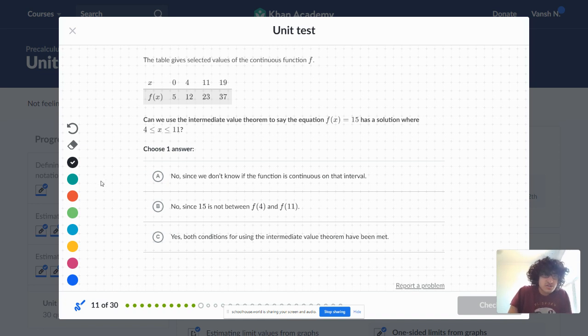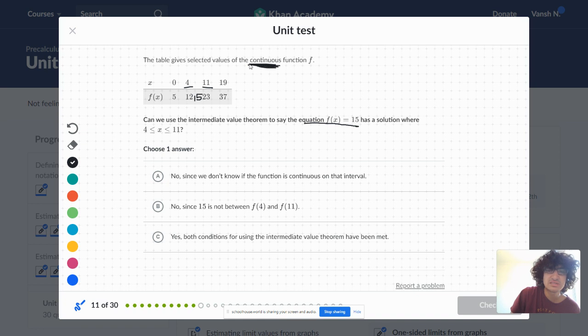Can we use the intermediate value theorem to say the equation f of x equals 15 has a solution where x is between 4 and 11? Yes, I think you can. f of 4 is 12 and f of 11 is 23, so 15 is between that. We know it's continuous.